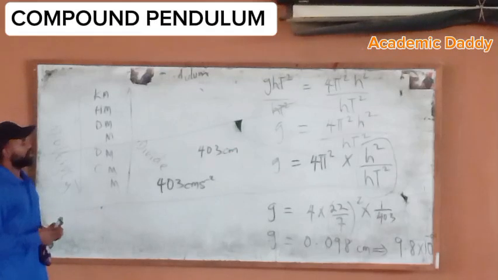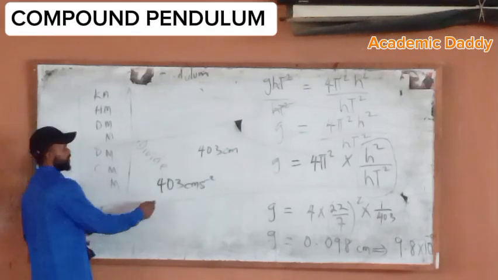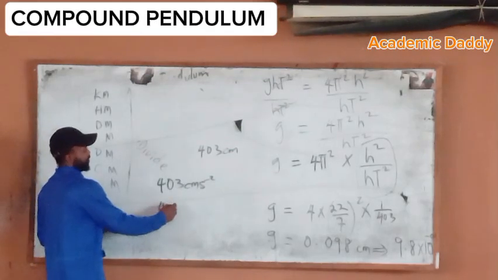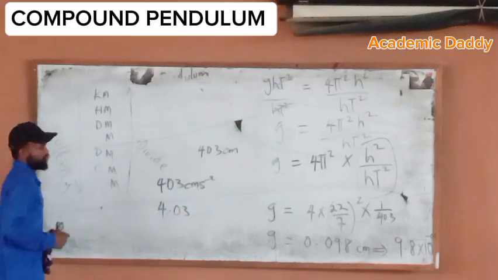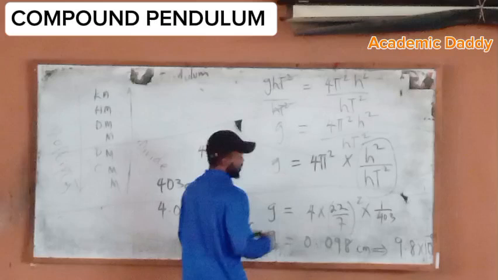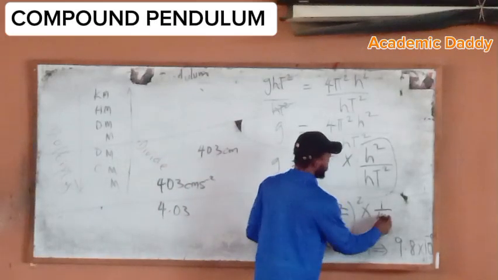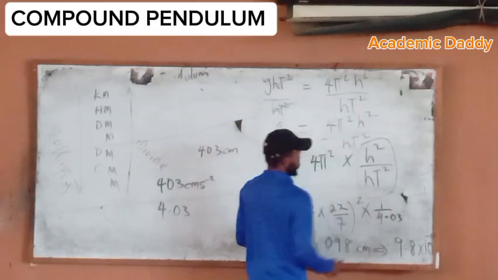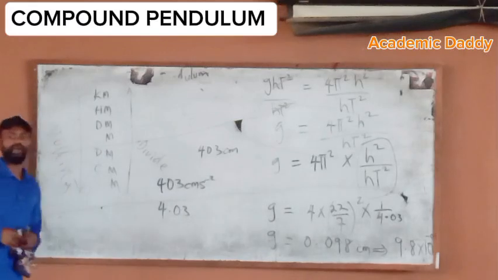See now? Then we get 1.03. So I'm checking. Let's just check something. Let's say we are using meter. Let's see what we have. Please watch this for me.